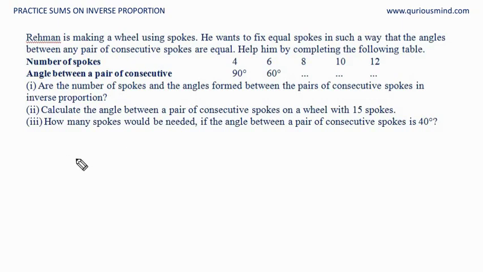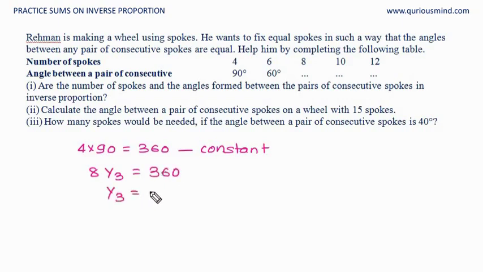So we see that 4 into 90 is equal to 360, and 360 is our constant. We'll call these y1, y2, y3, y4, y5. So 8 into y3 also has to be 360, which means y3 is 360 divided by 8, and that is equal to 45 degrees.